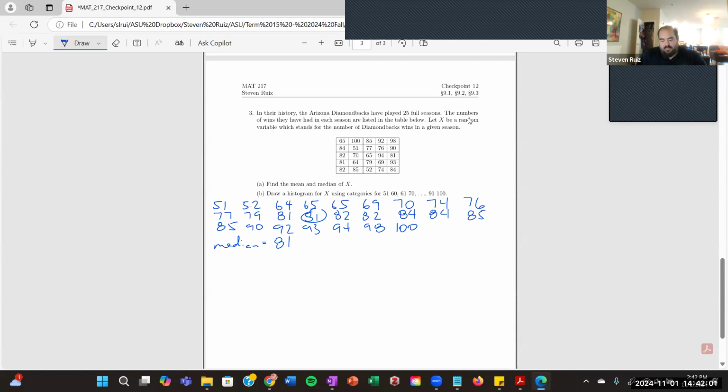We were also asked for the mean. How do you find the mean? Mean is probably the one you think of when you think of the word average. That's the one that's found by adding all these things together and then dividing by the number of values you have. So I'm going to add all these values together and divide by 25.